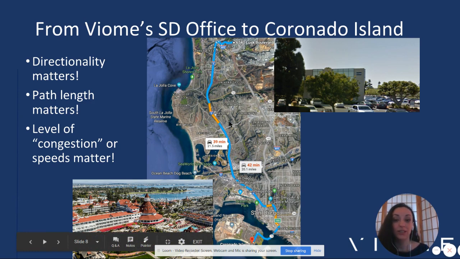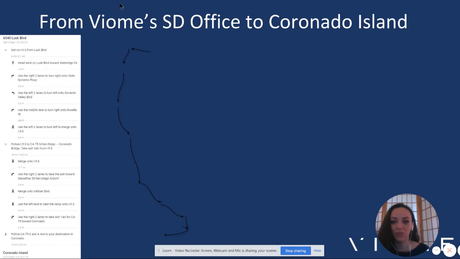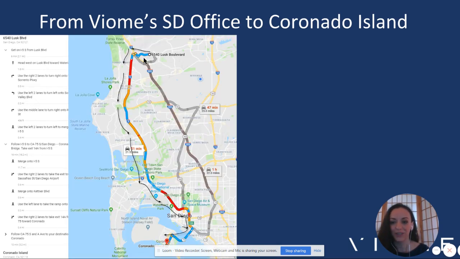You need to see which ones are active, which ones you're actually going to take. And you can have multiple steps on the road. I mean, even Google does a really nice pathway layout kind of job, telling you step by step what the highways look like, what the turns are, and how fast or slow these segments are.